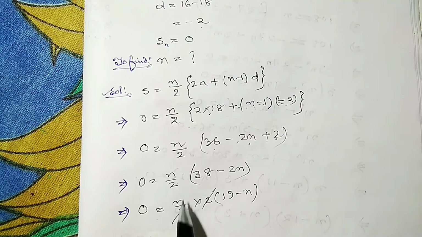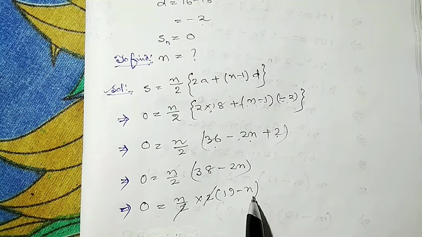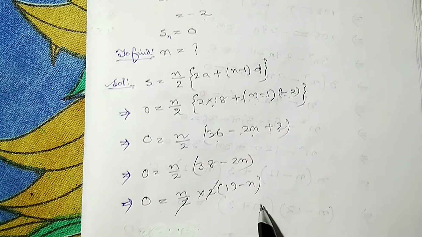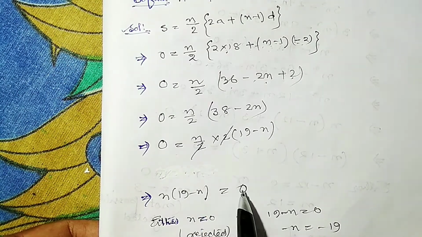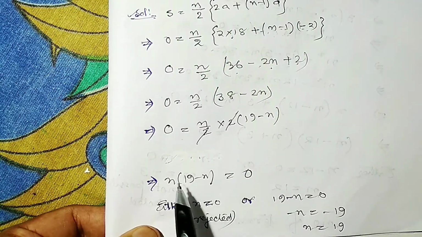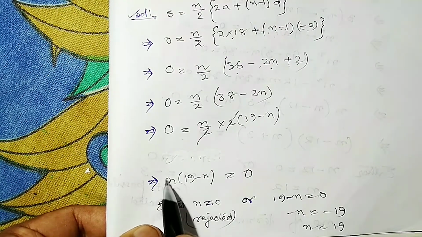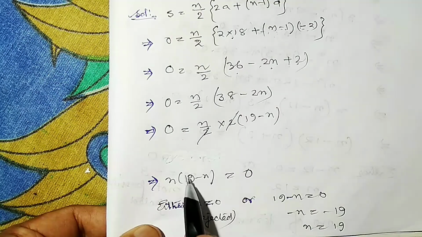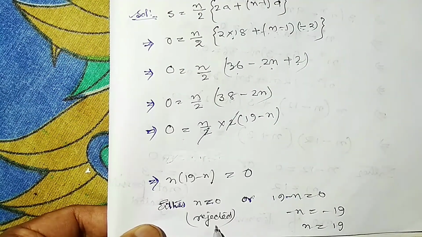So 0 equals n by 2, and from here you take 2 common, you are left with 19 minus n. These 2 and these 2 cancel, so we got n into 19 minus n equals 0. Now since the product of these two numbers equals 0, either n is 0 or 19 minus n equals 0. N, number of terms, can't be 0, so we have rejected this one.